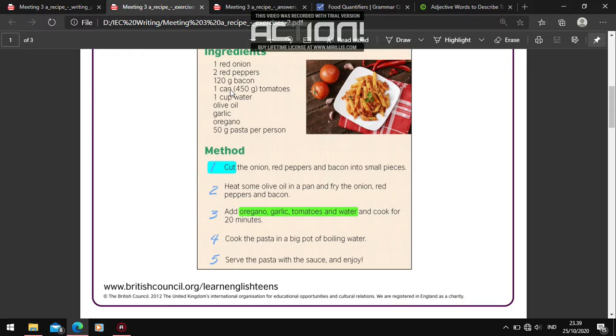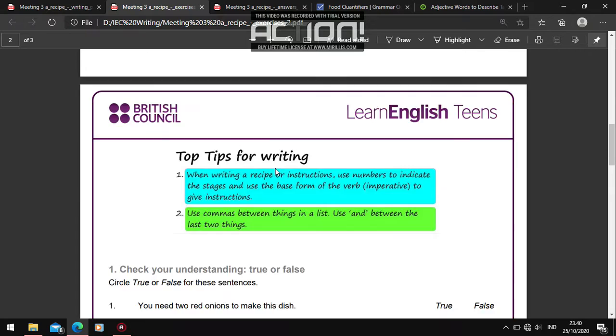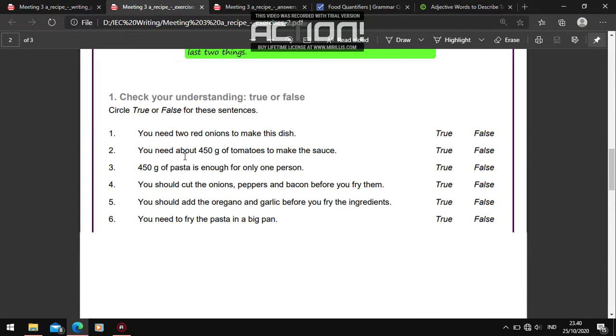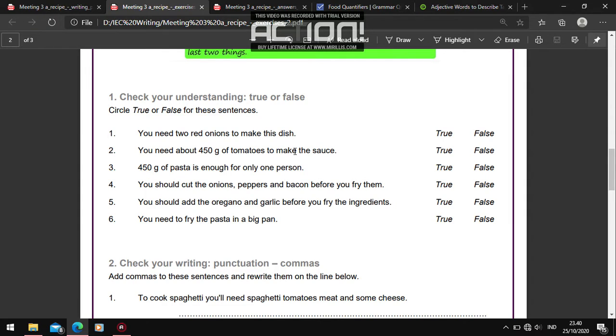Both of them are the same pronunciation, the same spelling, but different meaning. That's what we call a homonym. Can means bisa or can means kaleng. So 1 can, satu kaleng, contains 450 grams of tomatoes. So is it true or false? You need about 450 grams of tomatoes to make the sauce. So the answer is true.